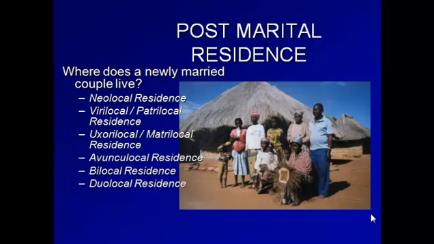One thing to think about with all of these rules, whether it's who you do and don't marry, multiple spouses or not, and then residence patterns, is that these are rules in as much as breaking them carries some kind of consequences or sanctions.